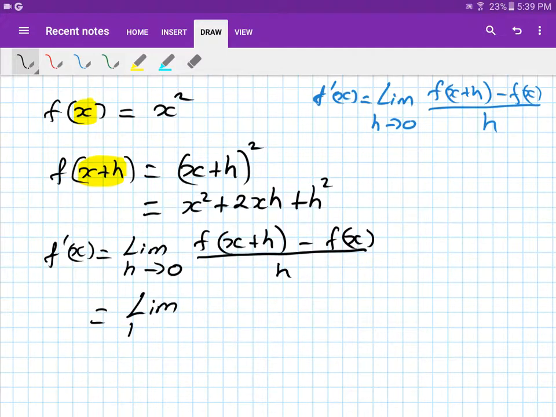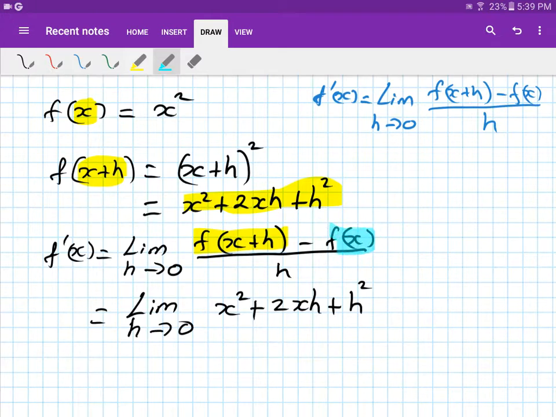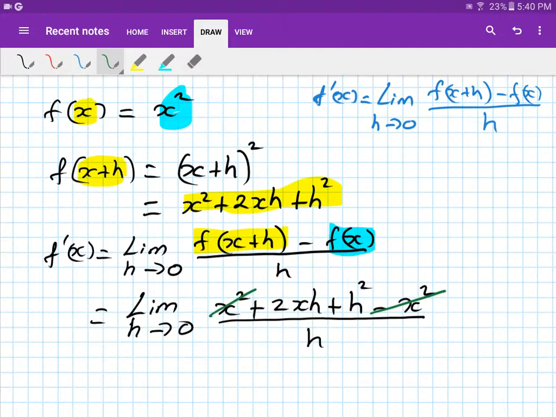That becomes the limit as h approaches 0 of x squared plus 2xh plus h squared minus f(x). f(x) is this, so I just minus x squared, then all over h. Now x squared minus x squared is gone. Then I'm just going to write this down, same as the limit as h approaches 0.